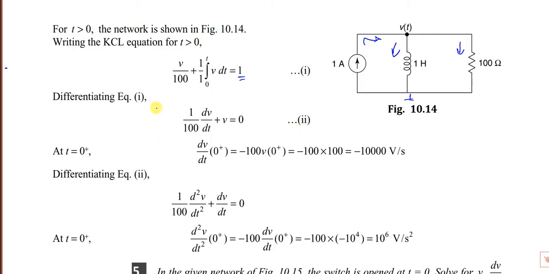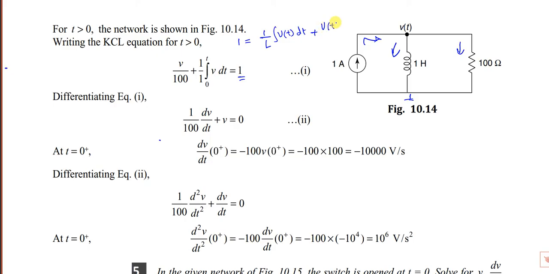The current going to the node is 1 amp, and the current leaving from the node is 1 by L integral V of t dt plus the current in the resistor, which is V of t minus 0 by 100.